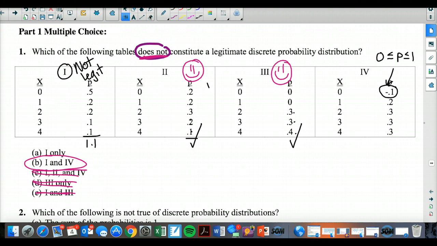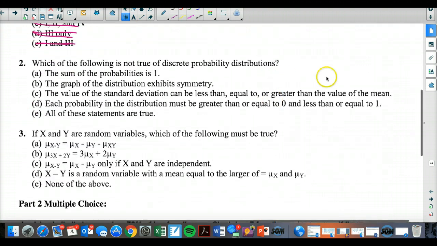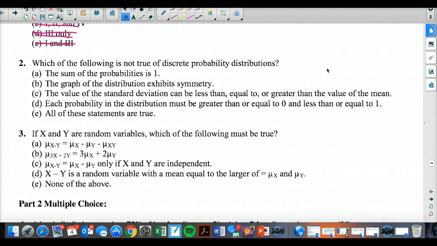My bad. Okay. Which of the following is not true of discrete probability distributions? Now this, we're not going to do tons of multiple choice. We're going to get into FRQs here also. So go ahead and go. So again, this is a not true.